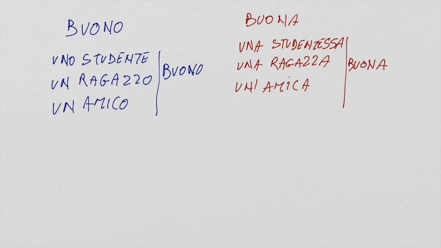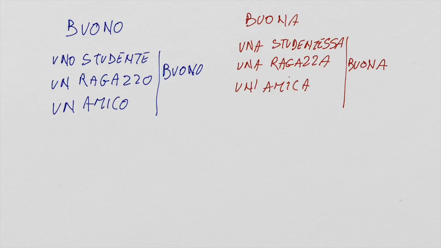The adjective buono and buona can be placed regularly after the noun they modify, but they can even be placed before the noun they modify, and in this case the meaning changes a little bit.